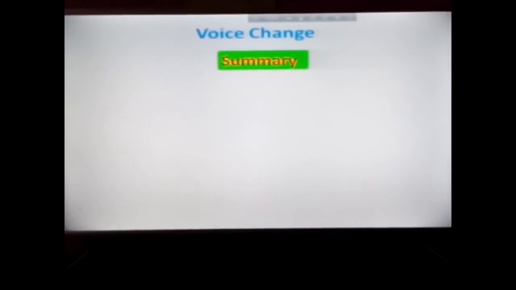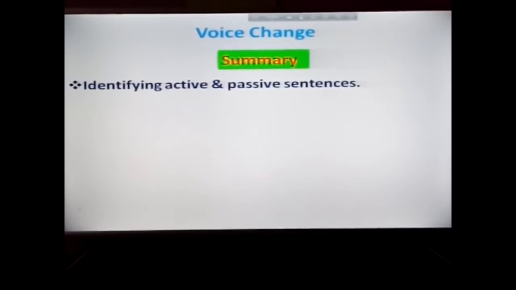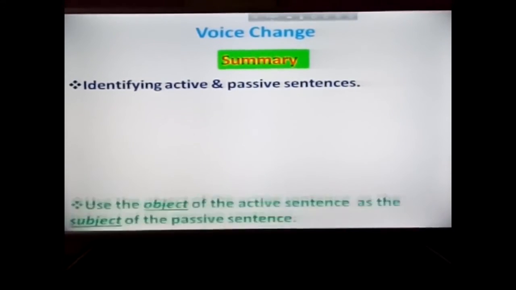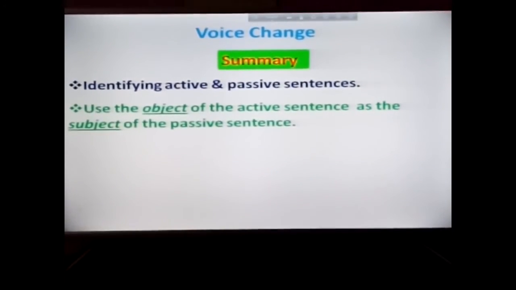Now let's see what we have learned so far from this lesson. The first thing we have learned from this lesson is to identify active and passive sentences. By now, we can tell which sentences are active and which are passive. Then, we have learned that the object of an active sentence is used as the subject of the passive sentence.